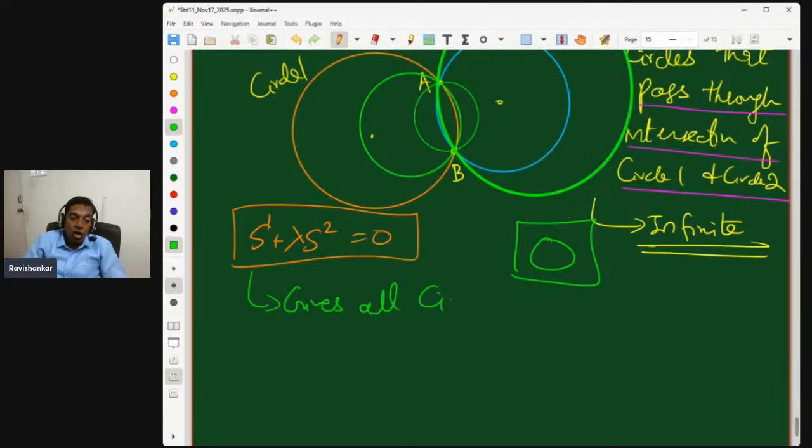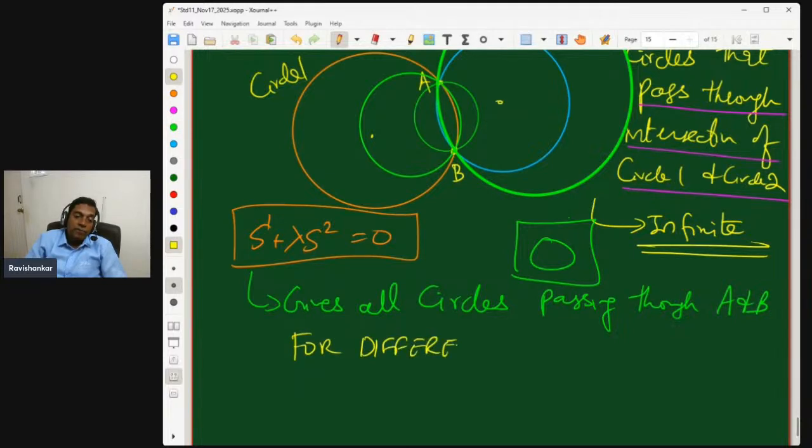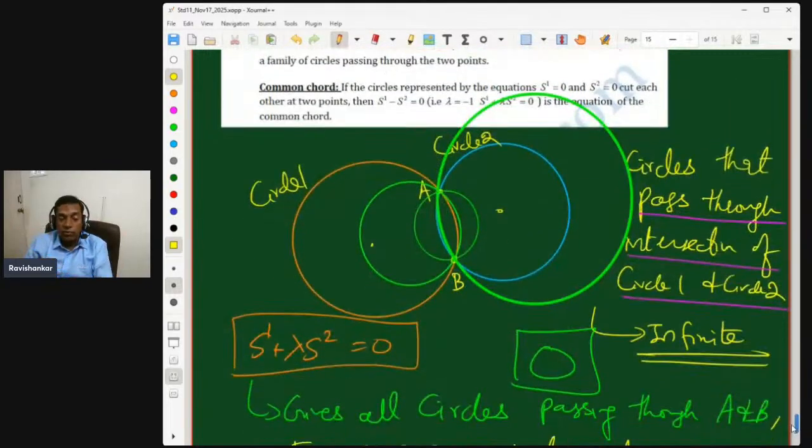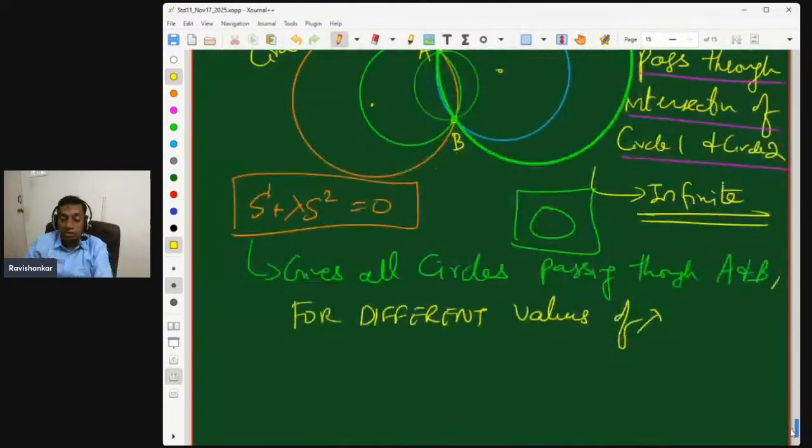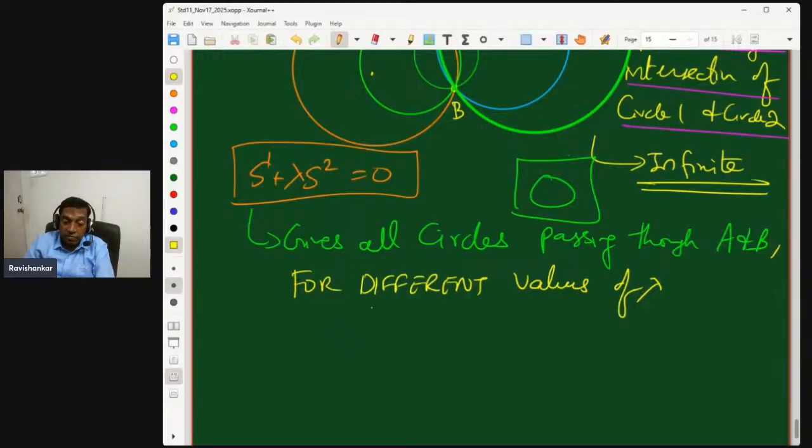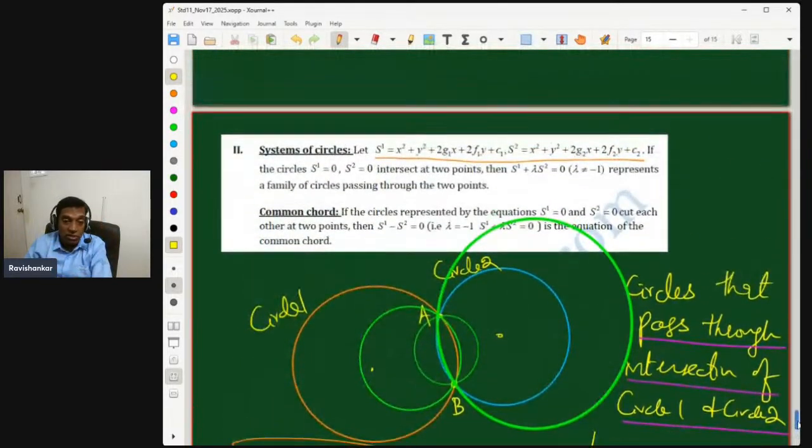It gives all circles passing through A and B for different values of lambda. If you put lambda equals 3, you'll get one such circle. If you put lambda equal to 29, you'll get another such circle. For infinite values of lambda, you'll get infinite circles. For every real lambda, you'll get one new circle.